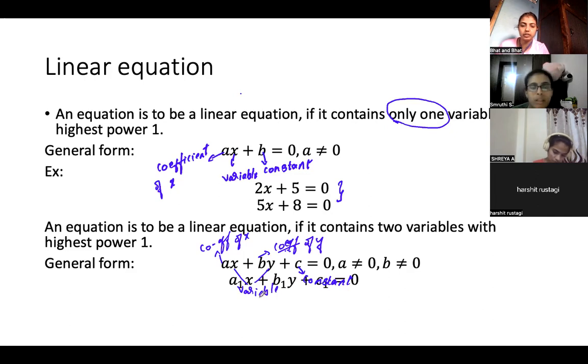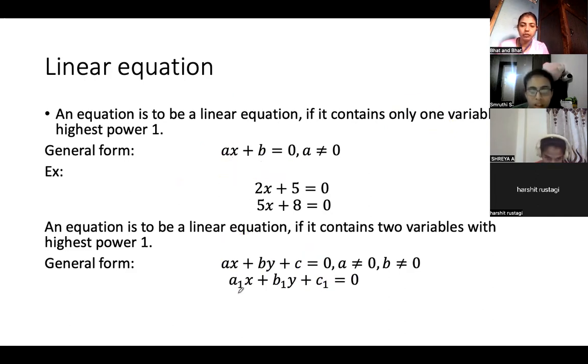We can write it like this: one is a1x plus b1y plus c1 is equal to 0, this will be equation 1, and the second equation will be a2x plus b2y plus c2 is equal to 0.